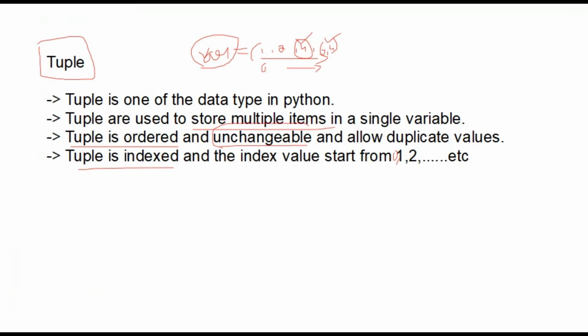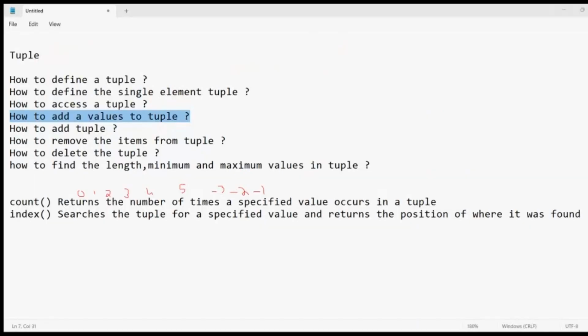Once the tuple is defined, we cannot add, remove or insert any elements into it. But here they have asked this question. Directly we can tell that we cannot add values to a tuple. But there is one method to do that.